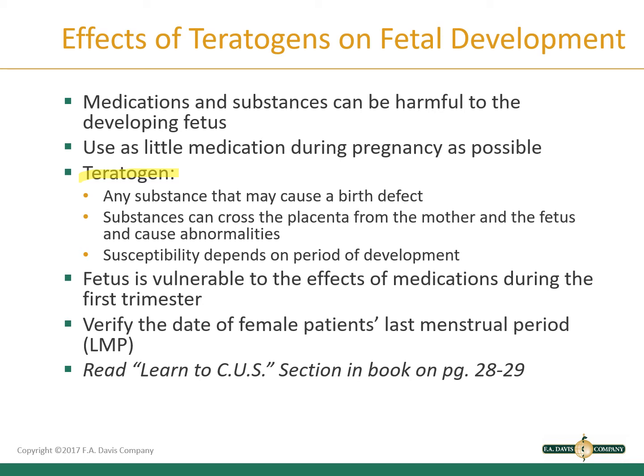The fetus is very vulnerable to the effects of medications during that very first trimester. So even more vulnerable in the first trimester when they're just starting to develop. Before the doctor prescribes any medications, they definitely want to verify the date of the female's last menstrual period.